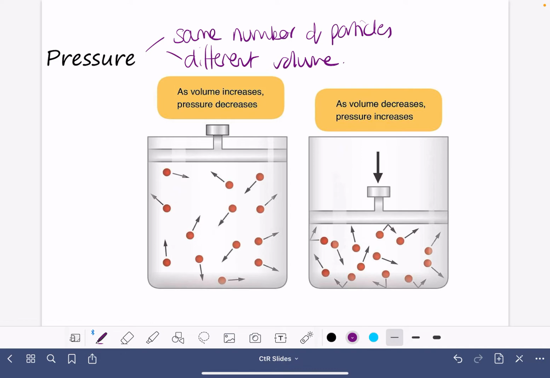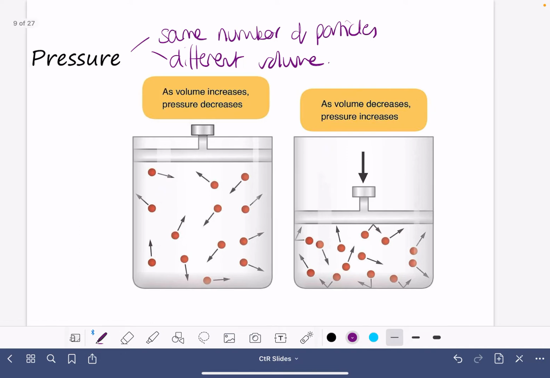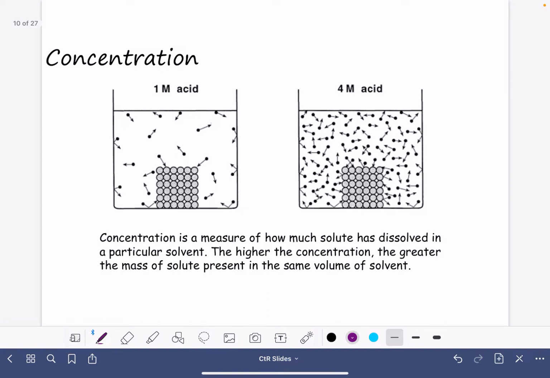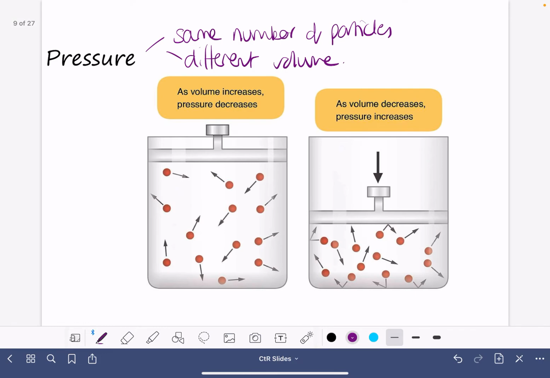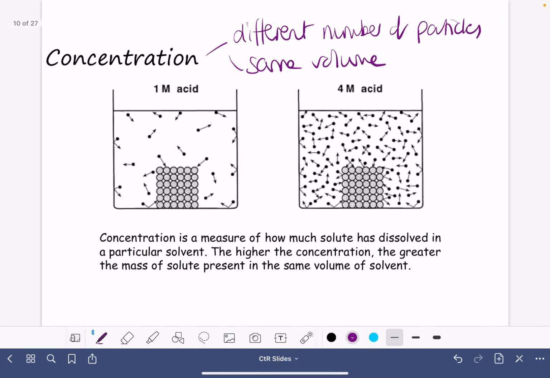The majority of the concepts that we've seen this in is though to do with concentration. With concentration, we've got a different number of particles in the same volume. Okay, so here we had different volume, same number of particles. Here we've got different number of particles, same volume. Okay, so if we're doing the same example as before, we've got hydrochloric acid and calcium carbonate.